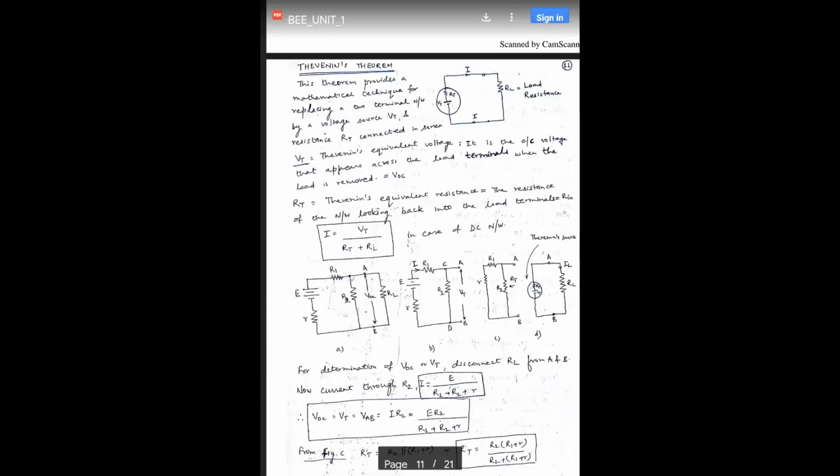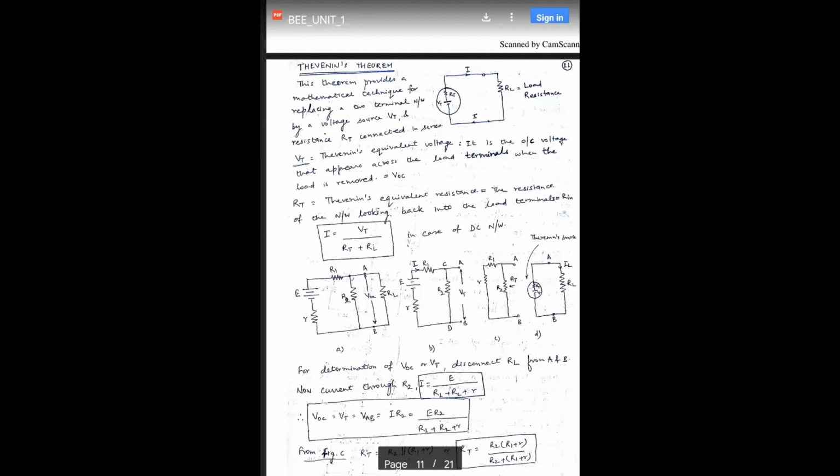The purpose of this Thevenin theorem, as with Norton's theorem or any other theorem, remains the same: to solve the DC network circuit in such a manner that the complexity of the circuit is reduced.